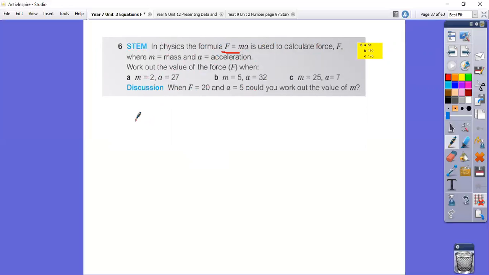So F equals m times a. For part A, force will be equal to 2 times 27, which is 54.